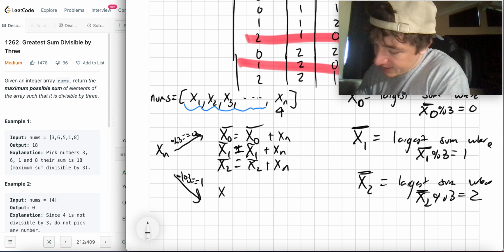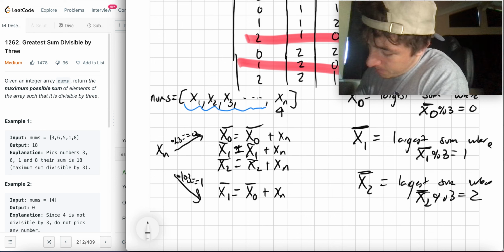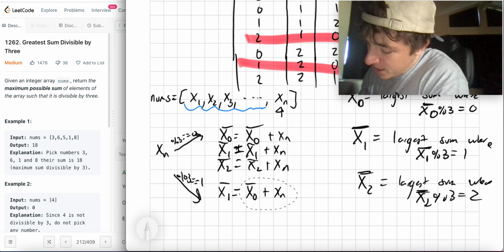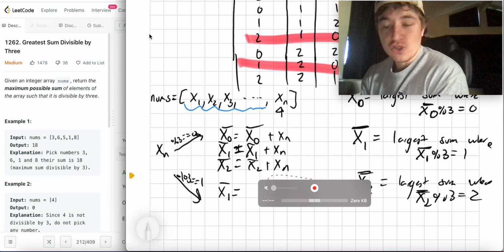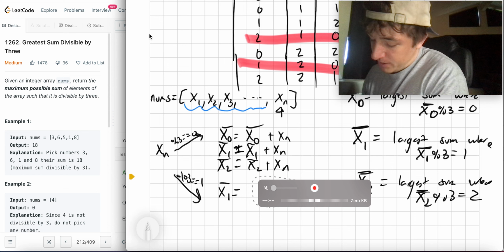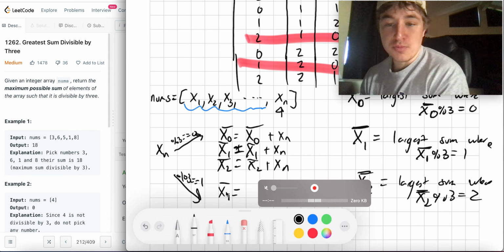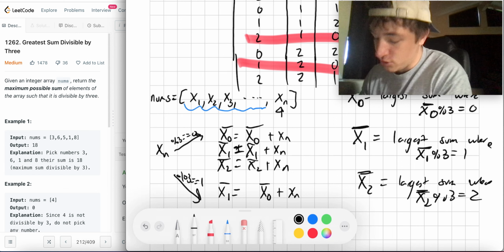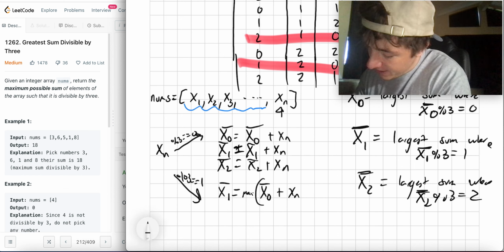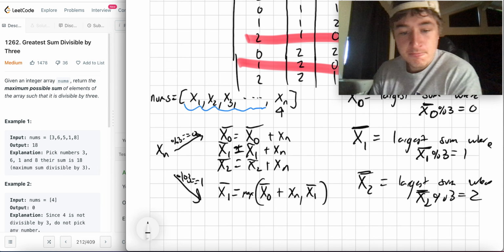So that means x1 equals x0 plus xn. But it may not, because maybe there's a previous sum that's larger. So maybe I don't want to use x0 plus xn. Maybe adding xn to x0 makes x1 smaller than it used to be, because we just want the largest sums ending at any modular. So we take the max of that and whatever x1 was before, okay?